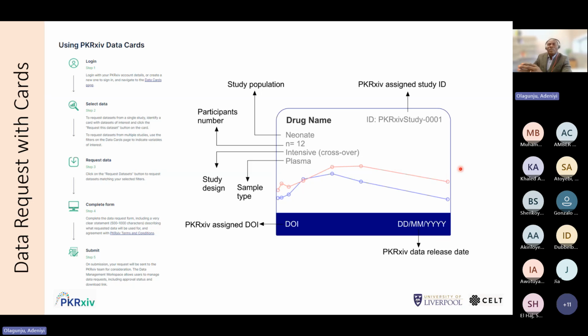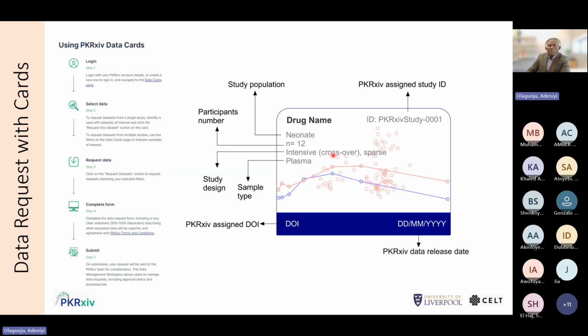So this is a really nice way for you to have a very quick look at a particular study to see if it meets your requirement for the application, for the use case that you have in mind for the dataset. And then here you notice this profile. Whenever you see this profile on a data card, it means this is an intensive PK study design, right? Now, let me show you a variation of this. Here is a variation where you have dots overlaid on this.